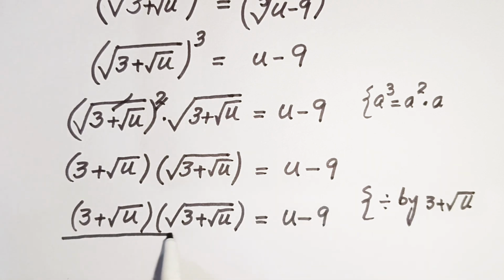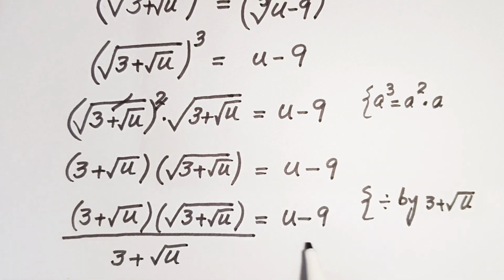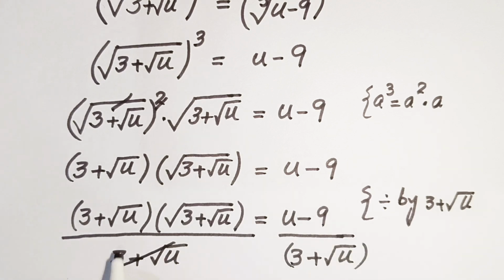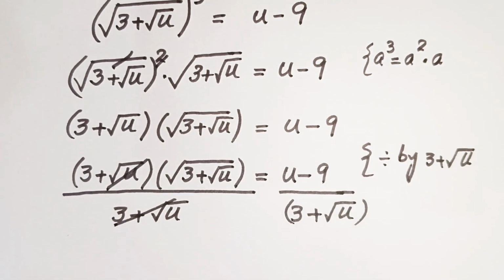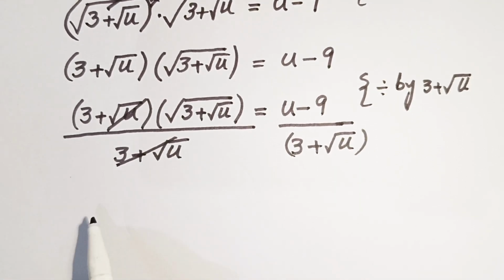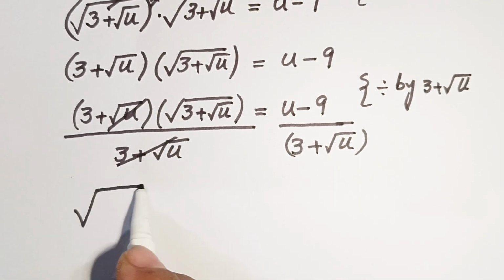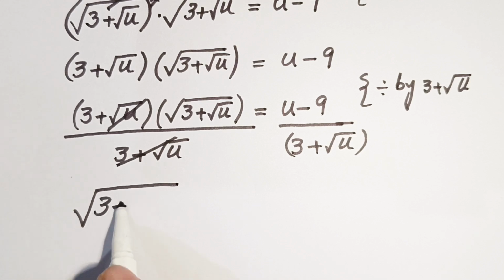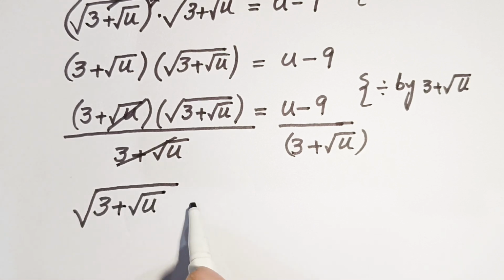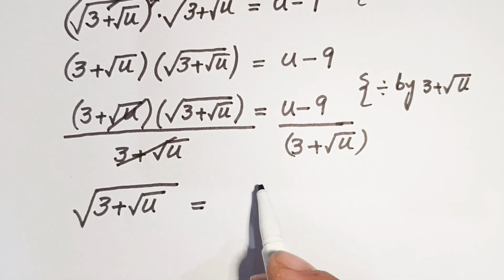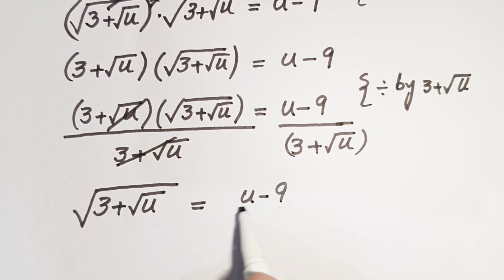Dividing here by 3 plus square root of u, and similarly there, it can be cancelled out, then we have square root of 3 plus square root of u is equal to u minus 9 divided by 3 plus square root of u.